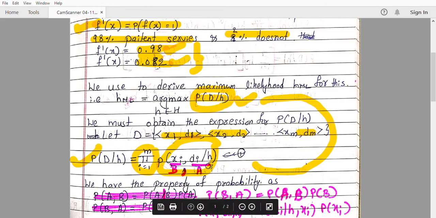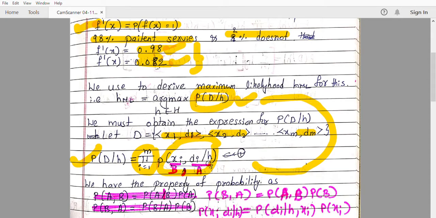To get this we will use a probability property: p of b comma a is equal to p of a comma b into p of b. Our b is this one and our a is this one.